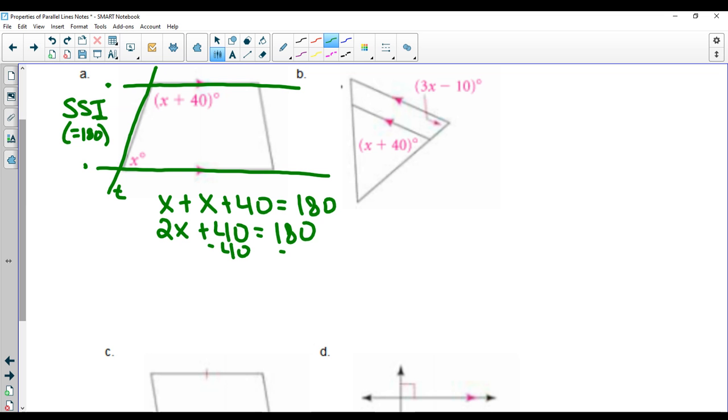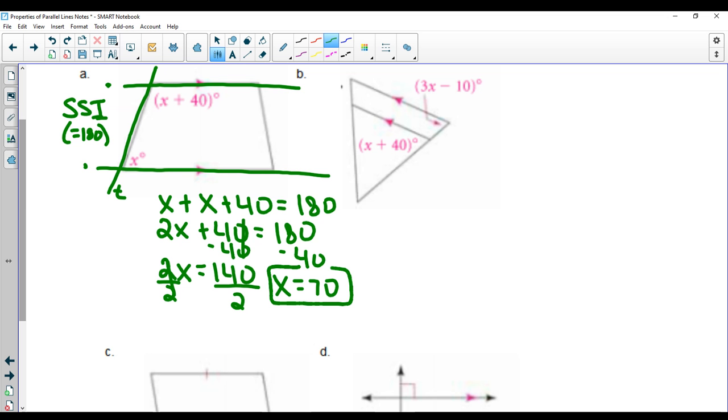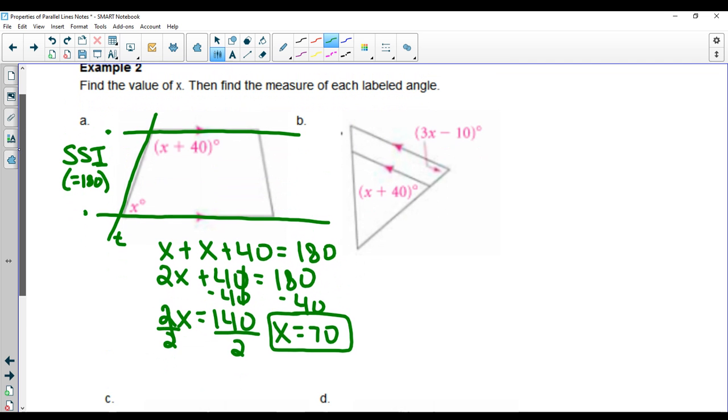Subtract 40. So I got x to be 70. Okay, so that fulfilled the first question, find the value of x.